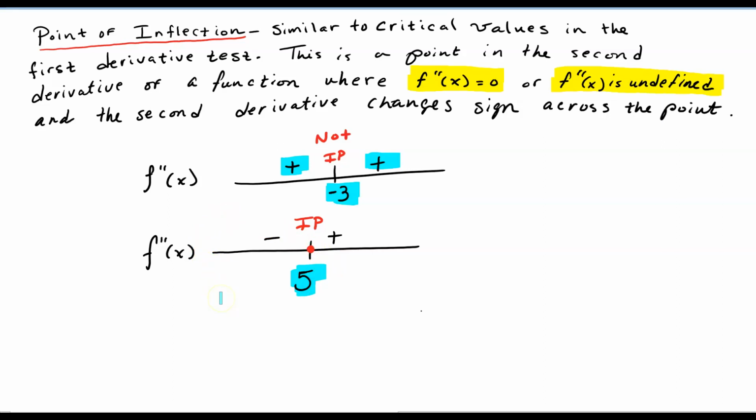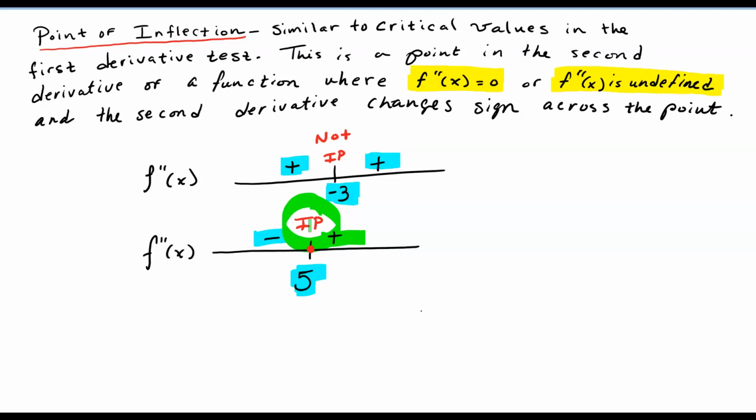It goes from negative to positive, and it does change sign, in fact. So this one indeed is an inflection point. Keep that in mind when you're doing this kind of second derivative test, that it has to change sign in order for it to be an inflection point.